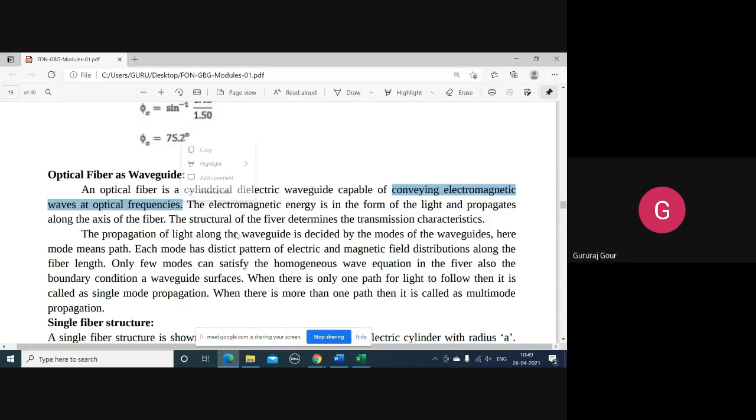Intensity modulated wave means my speech signal is modulated by photons carrying electric and magnetic fields. Photons are now carrying the field components, electric and magnetic field components at optical frequencies. Electromagnetic energy is in the form of light and propagates along the axis of the fiber.